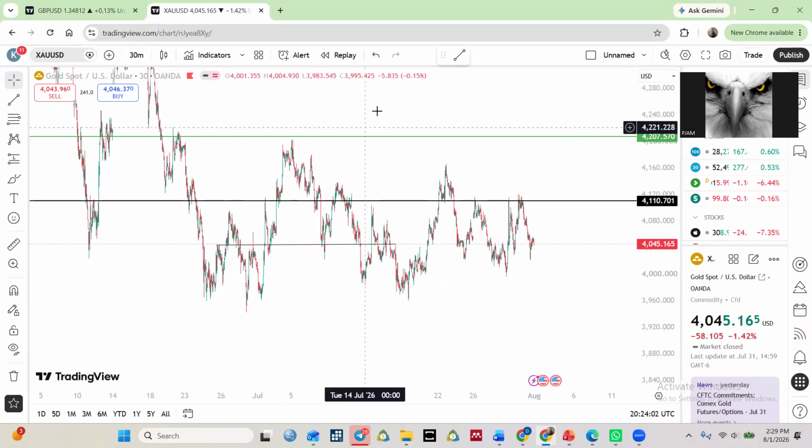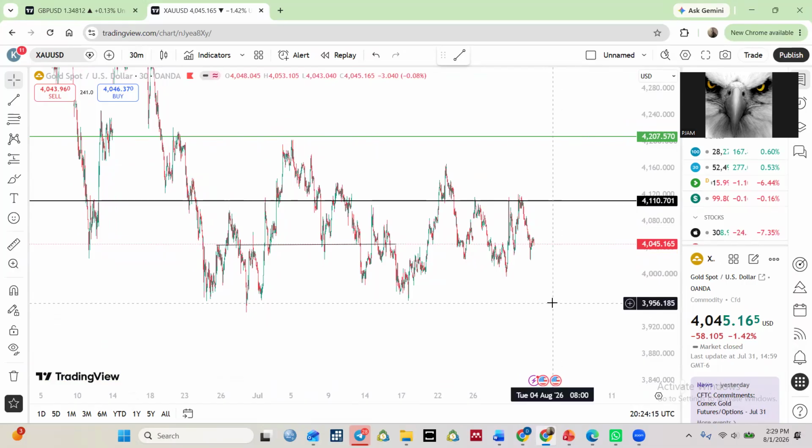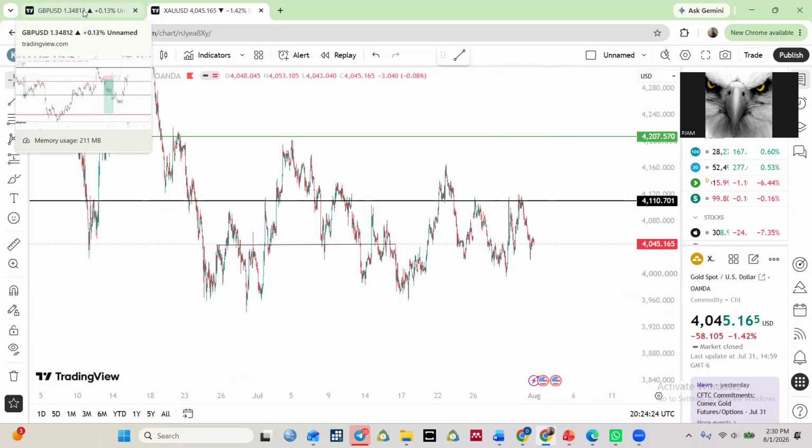So first, we learned last week that you should always use the higher time frame. The higher time frame that I will advise you to check first before you start thinking about the market is, if for nothing at all, the daily and the weekly time frame.